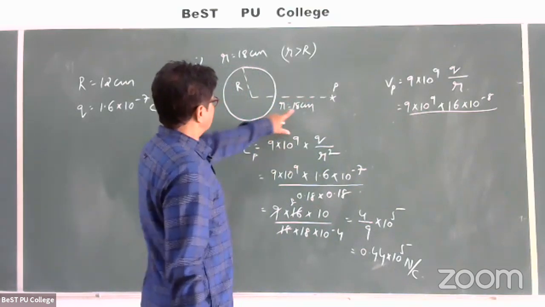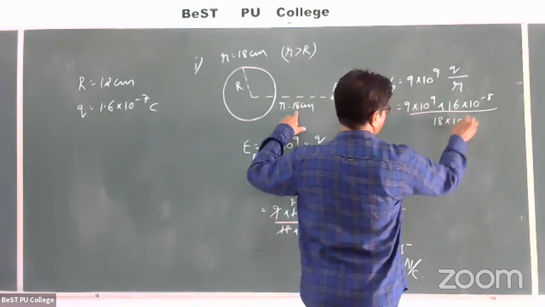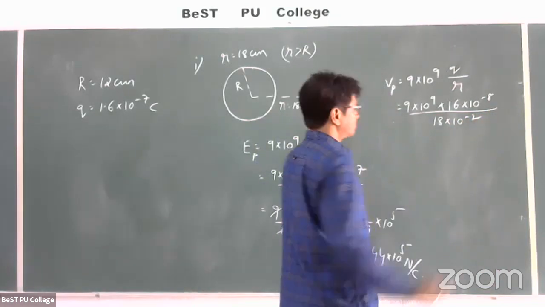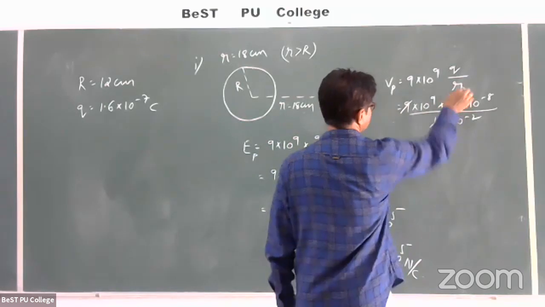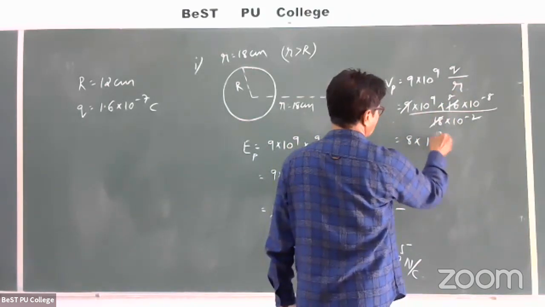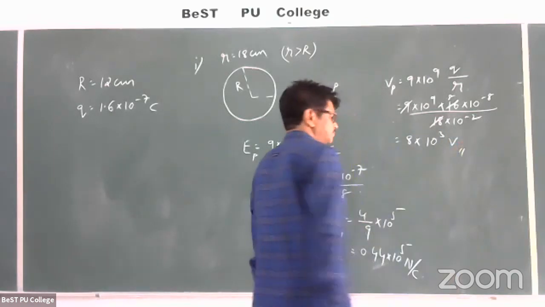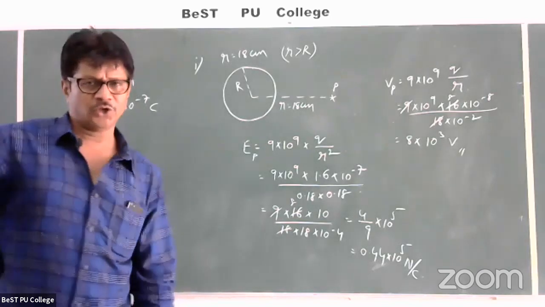Small r value is 18 centimeter, which we make into meters, 18 into 10 to the power of minus 2. 9 ones are 9, 9 twos are 18, so 8 into 10 cube volts.